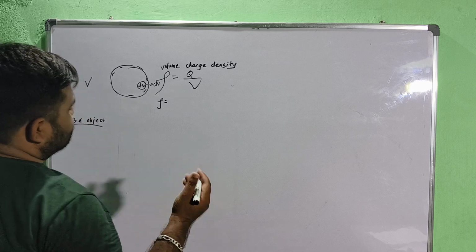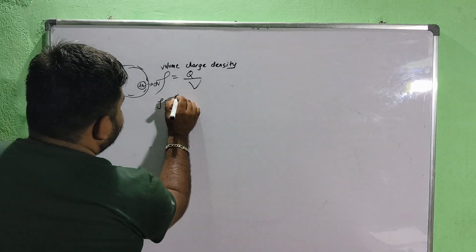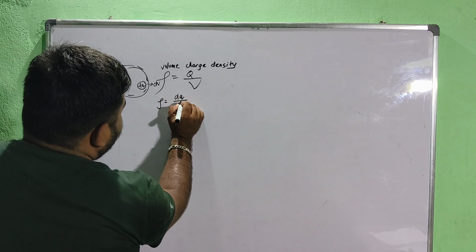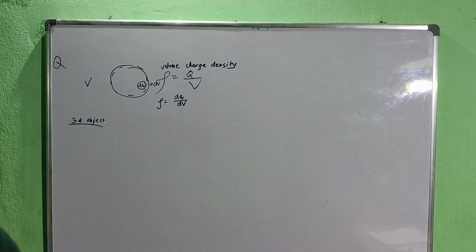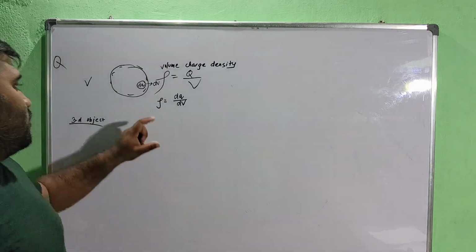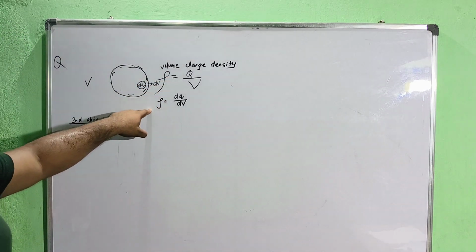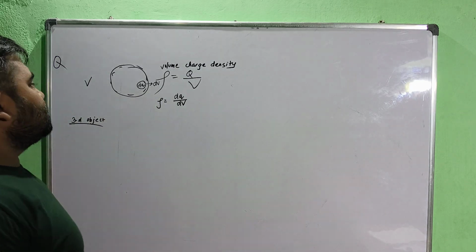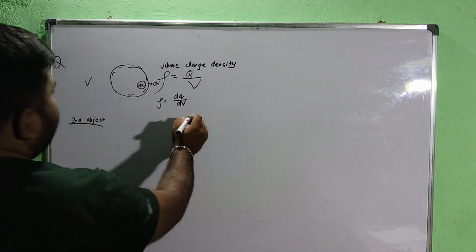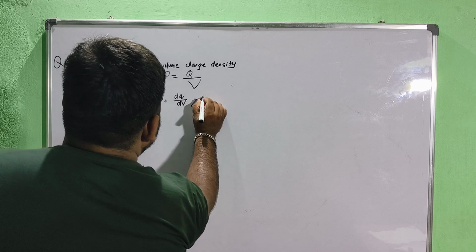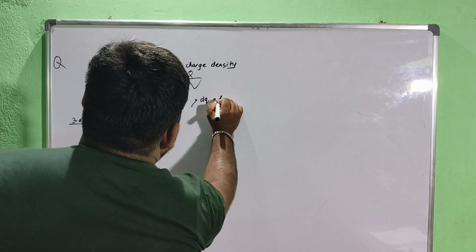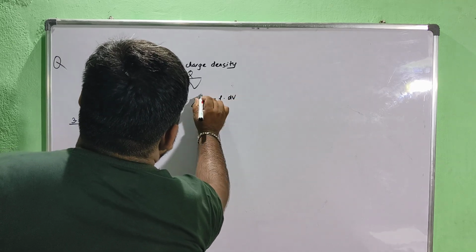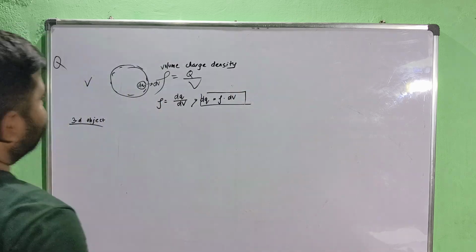As we have considered, it is equal to dq over dV. So rho can be this and can be this very often. From this, what is dq? It is rho times dV.